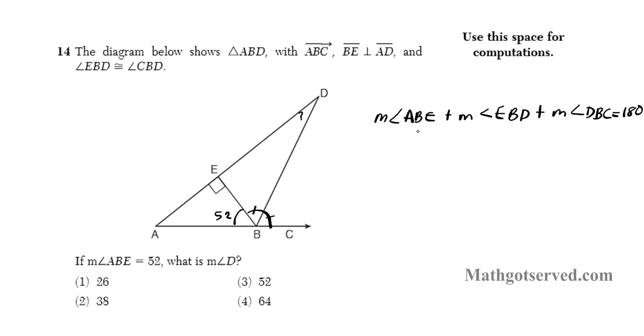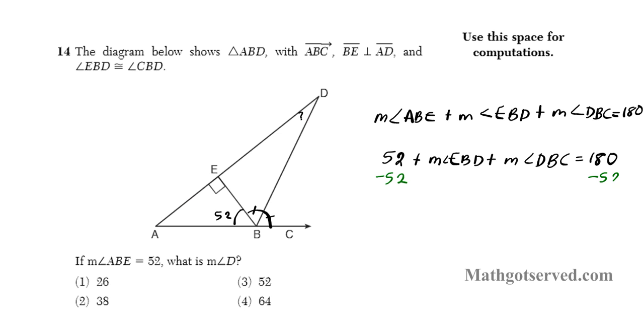Using that, what we can do now is make a substitution. We have measure of angle ABE is 52, so 52 degrees plus measure of angle EBD plus measure of angle DBC is equal to 180. What I can do is subtract 52 degrees from both sides to get the sum of these two angles.